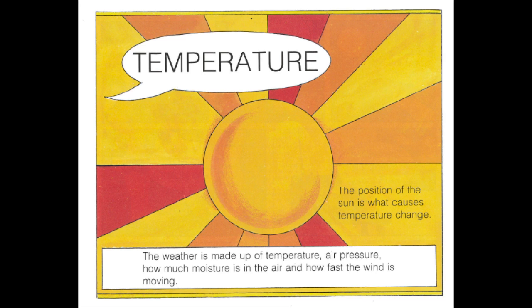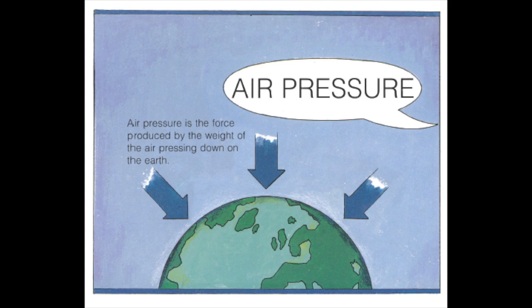Temperature. The position of the sun is what causes temperature change. The weather is made up of temperature, air pressure, how much moisture is in the air, and how fast the wind is moving. Air pressure.